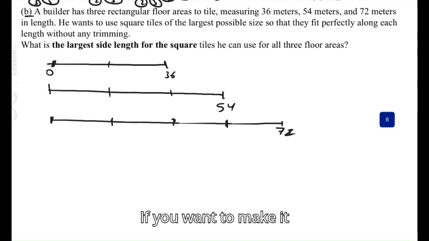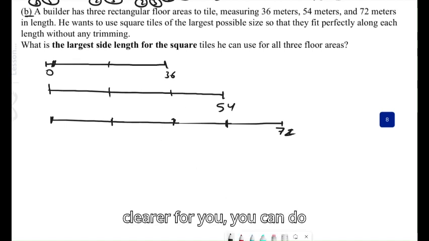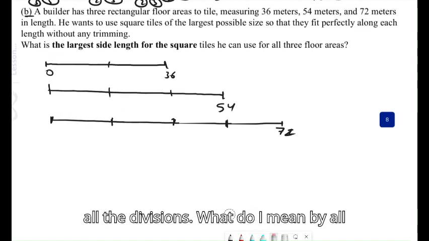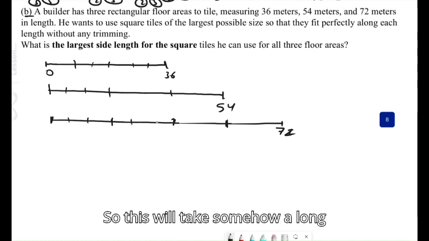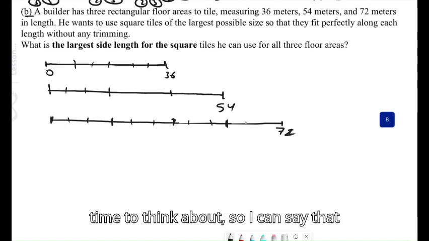If you want to make it clearer for you, you can do all the divisions. What do I mean by all the divisions? I can write 6, 12, 18, 24, 30, 36, 6, 12, and so on. So this will take somewhat a long time to think about.